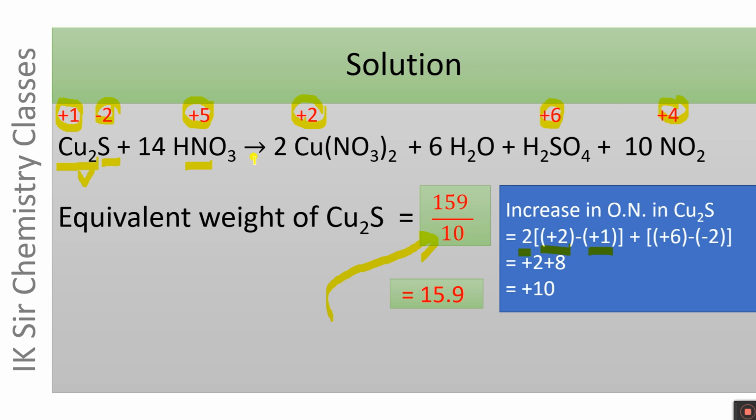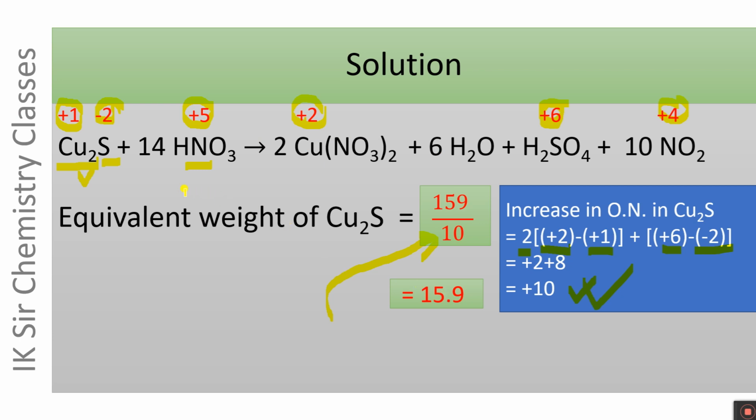On the other hand, for sulfur the final value is +6 and the initial value is -2, so the change is +8. Total is 2 + 8, that is 10. The change in oxidation number of one molecule of cuprous sulfide is 10, and hence its equivalent weight will be 159 divided by 10, that is 15.9.